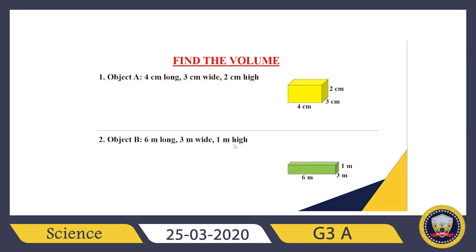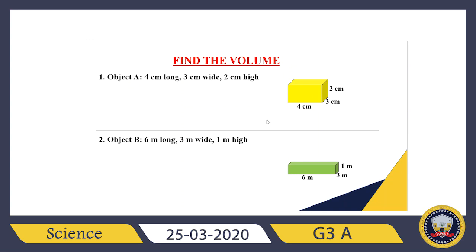Okay, right now let's do more exercises about finding the volume. How can I find it? For example, for object A, 4 cm long, 3 cm wide, and 2 cm for height. So, if I try to find the volume, what should I write?